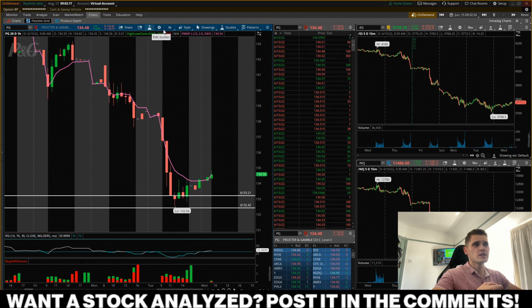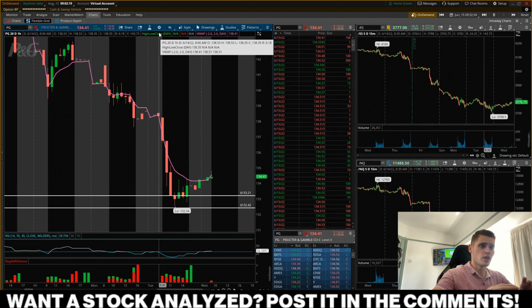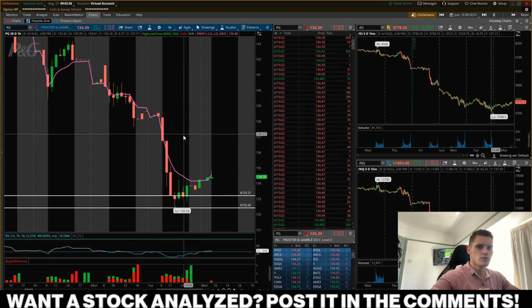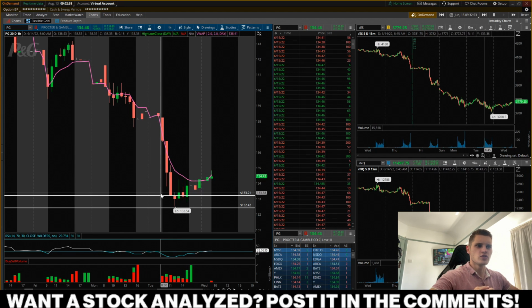Now, as I personally really only use this strategy now on large cap stocks, yes, you can use it on any. I used to use it to trade small cap stocks, but now I mainly just trade large cap stocks. And because all the large cap stocks in my watch list are stocks I believe in fundamentally and are fundamentally strong, I don't really have to look for too much confirmation on how I trade.